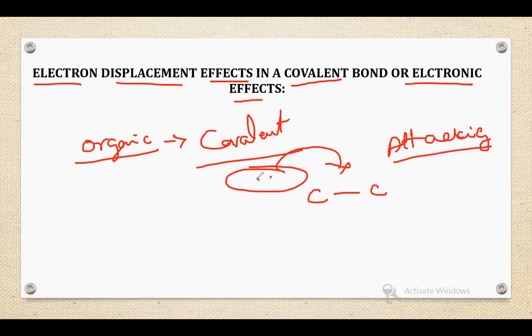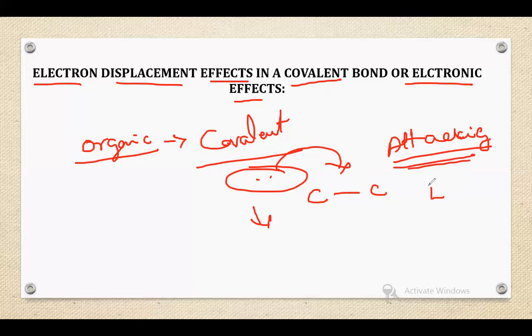The displacement of electrons will take place due to the attached group or atoms to the carbon in an organic compound. So electron displacement will take place by itself or with any other attacking reagent.